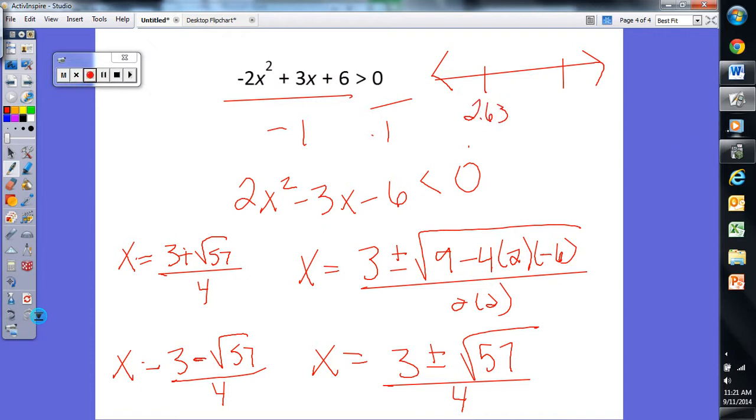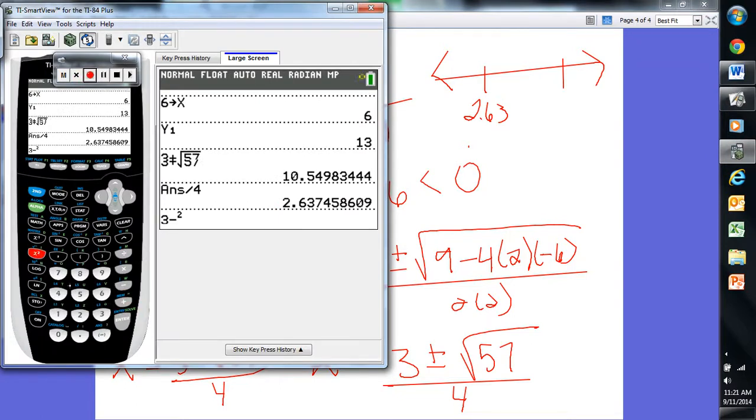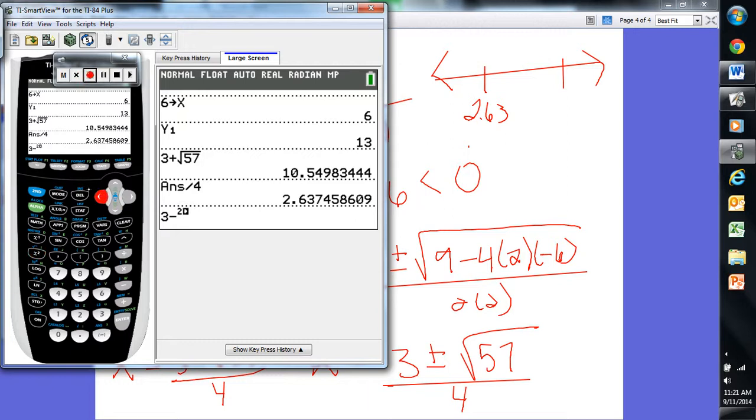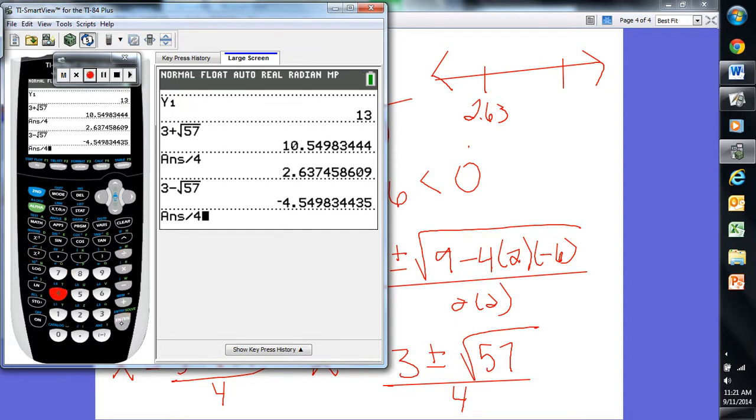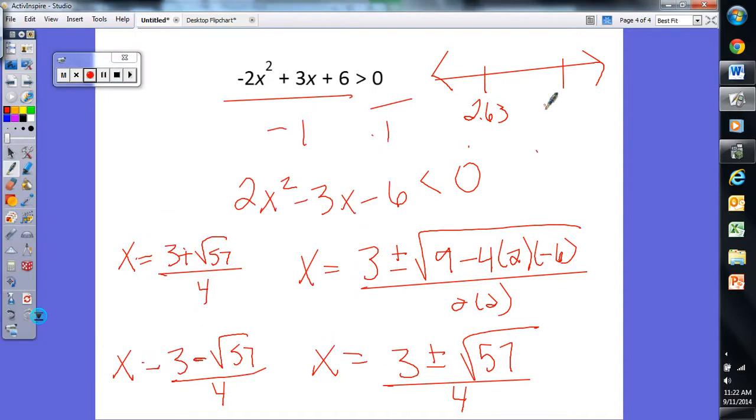And then 3 minus. Negative 1.13. Yep. So I'll put 2.63 here, and I'll put negative 1.13 here.